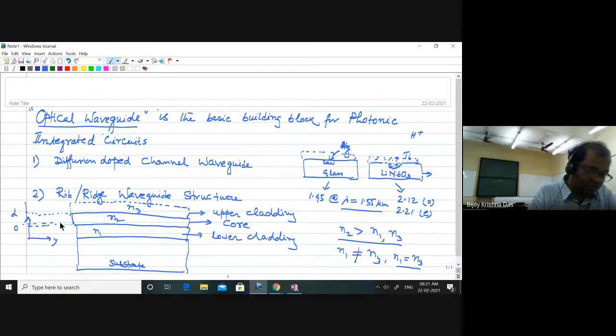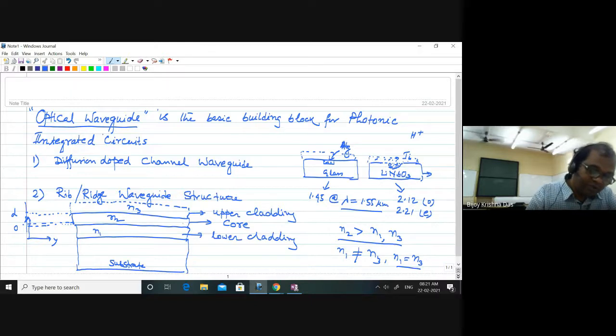So its coordinate is 0 and then d. That means 0 to d you can consider as the core material, stretched in the yz plane. And if N1 equals N3, then it is a symmetric planar waveguide.